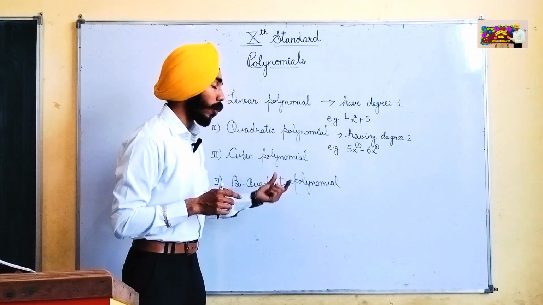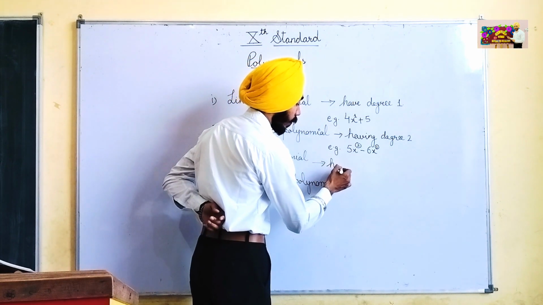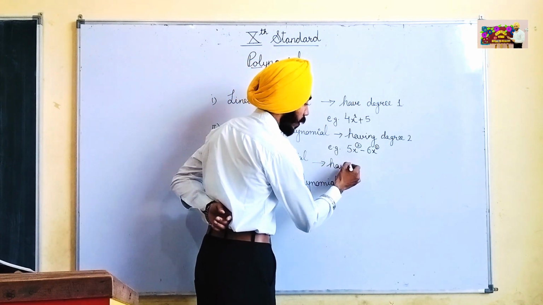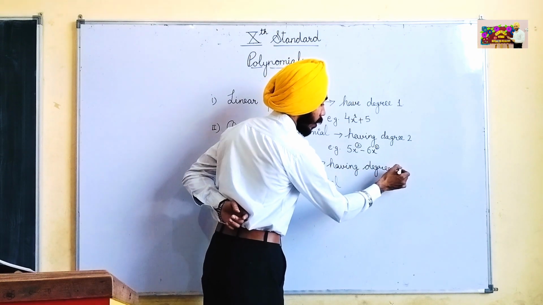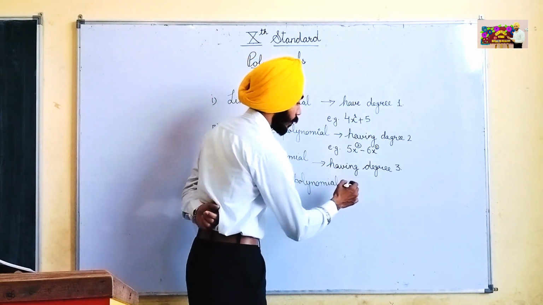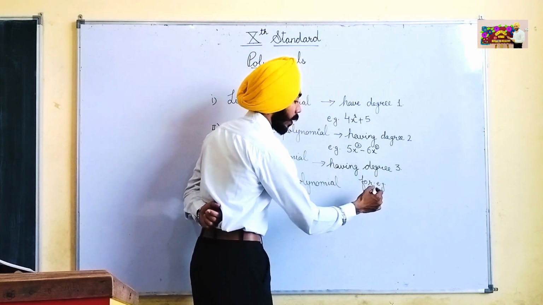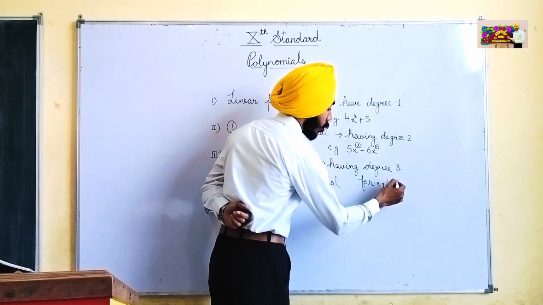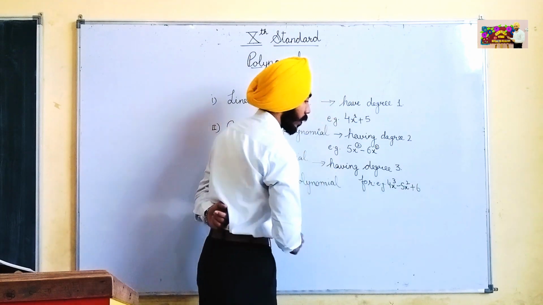Next one is cubic polynomial having degree 3. Cubic means 3, having degree 3. For example, 4x cube minus 5x square plus 6.